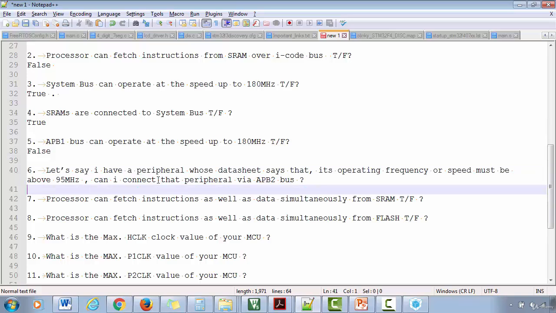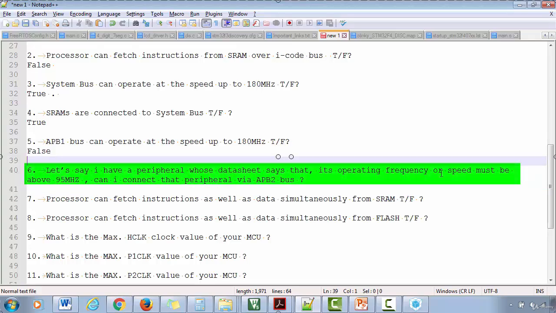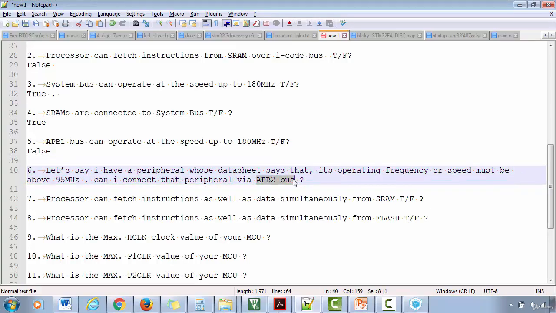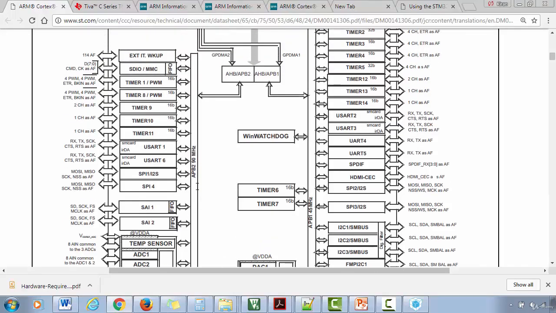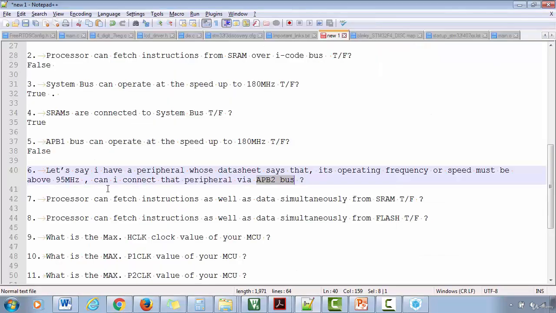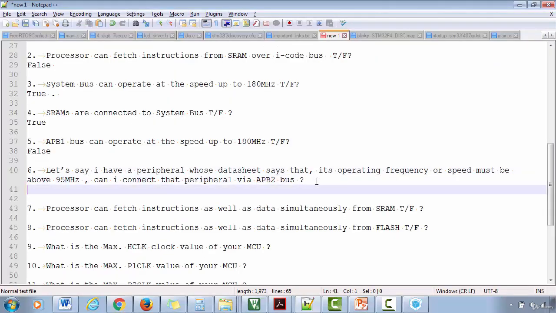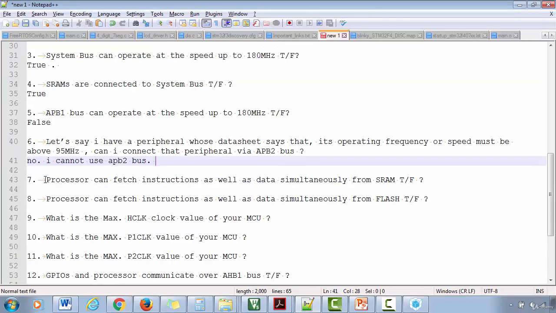Then can you connect that peripheral to the processor via the APB2 bus? What is the maximum operating frequency of APB2? It is 90 megahertz, right? So then it's not possible. You cannot connect it. Now the next question.